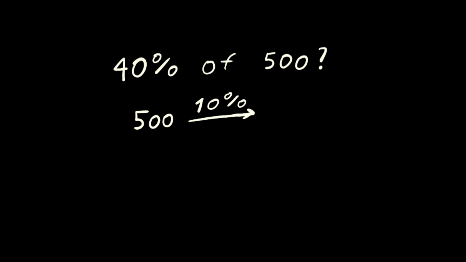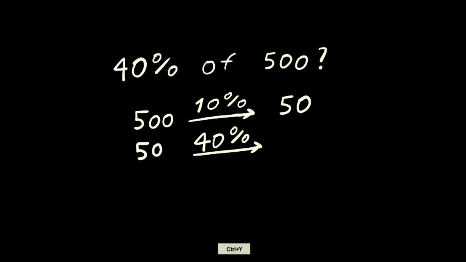And now we can find 40%. 40% is simply 10% times 4. So, if we multiply 50 by 4, what will that give us?